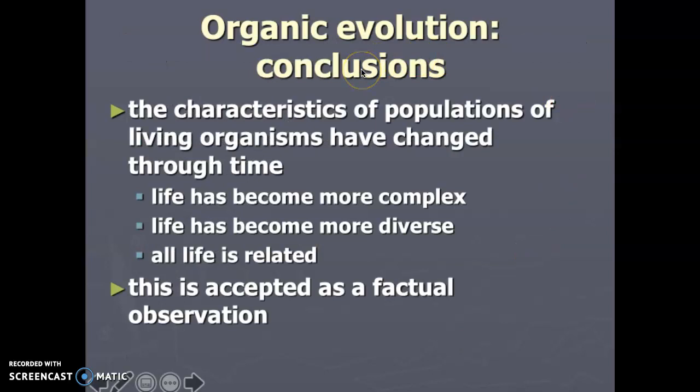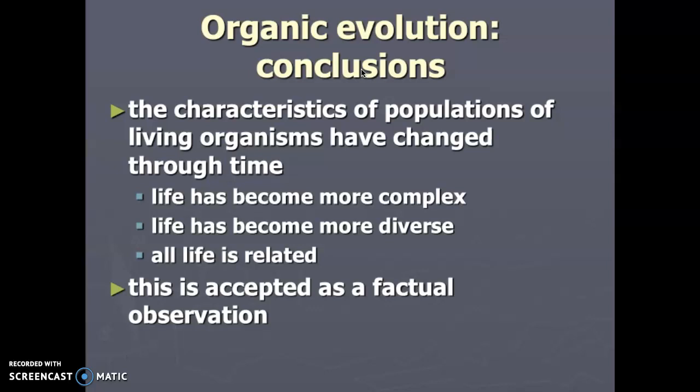So when we bring all this together, the conclusion is the characteristics of populations of living organisms have changed through time. Life has become more complex. It has become more diverse. And that third bullet is the key thing in organic evolution. All life is related. And this is not even considered theoretical anymore. It's simply accepted as a factual observation.